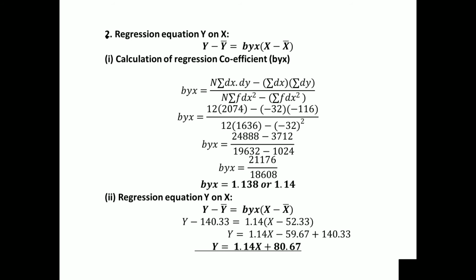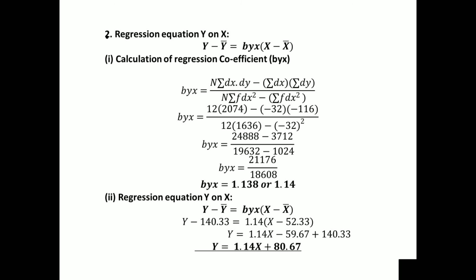Now the regression equation of y on x. We have already obtained y bar and x bar, so we go directly to the calculation of byx. So byx is equal to the numerator, which is always the same for bxy and byx, divided by n into sigma dx square minus sigma dx whole square.